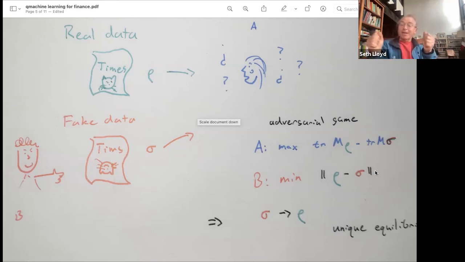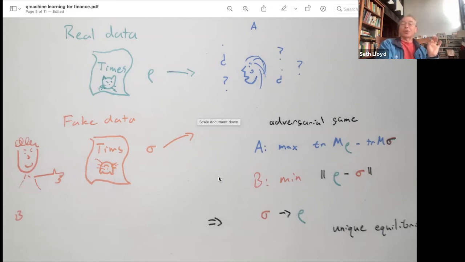And it's an adversarial game, and actually you can apply game theory and Nash equilibrium theory, and you can show that it has a unique Nash equilibrium in which the fake data, as you play this game many times, gets closer and closer and closer to the real data. So this is very nice, and we have nice experimental demonstrations of this.